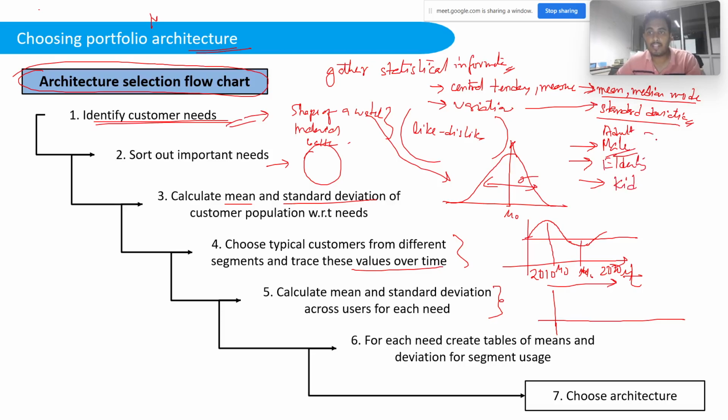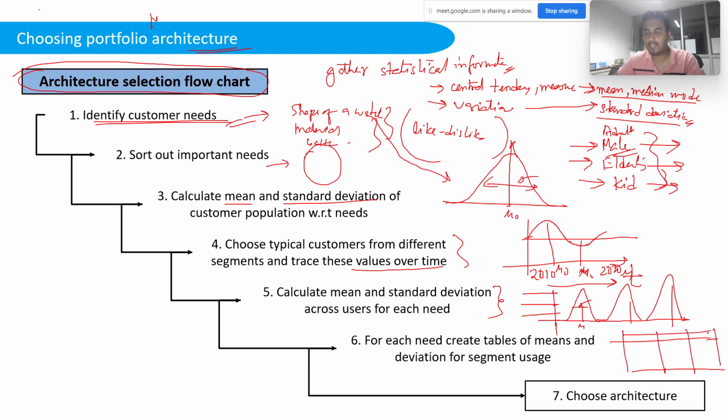So if there are three different customer segments, then you want to understand what these values of mu and sigma are for the different customer segments, and then you create a table.